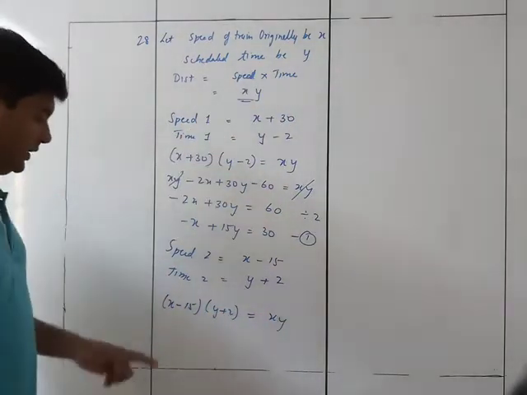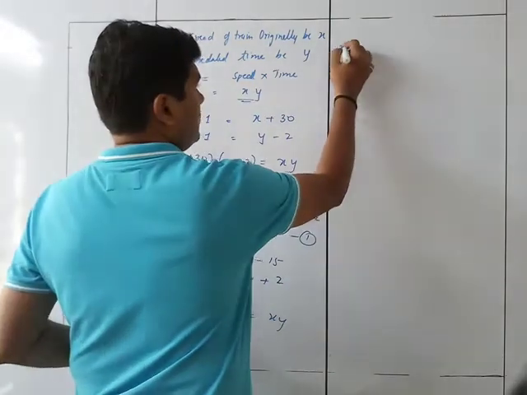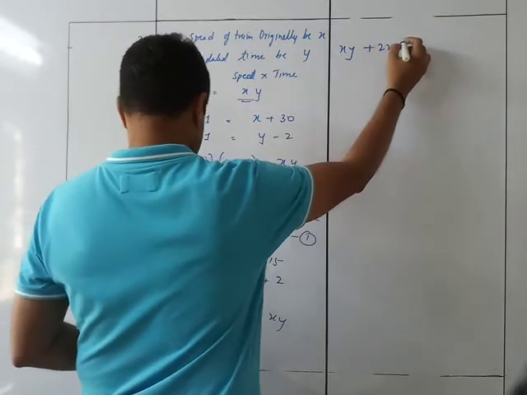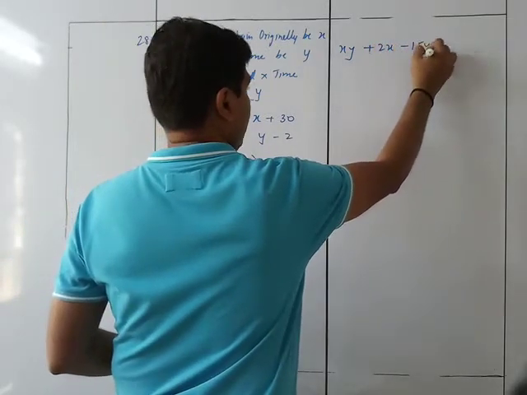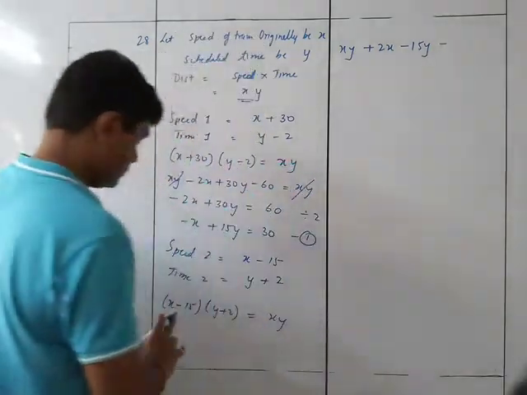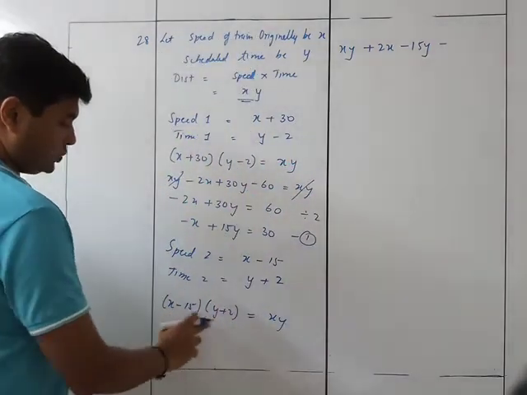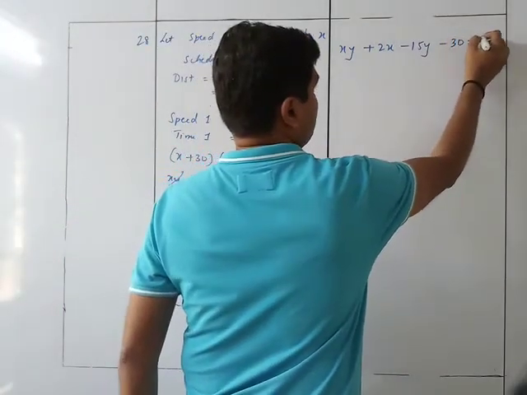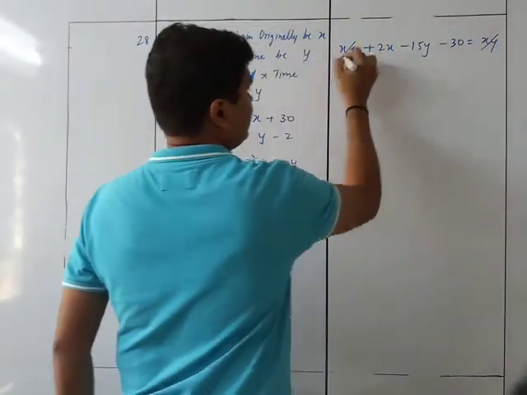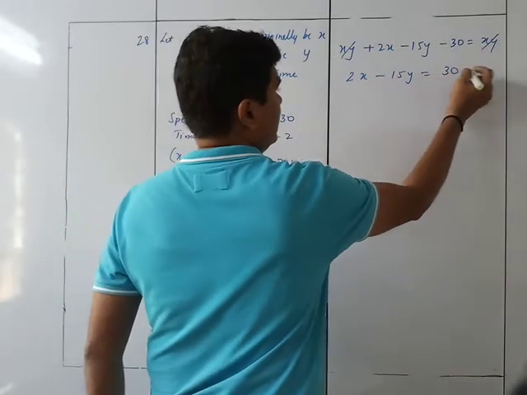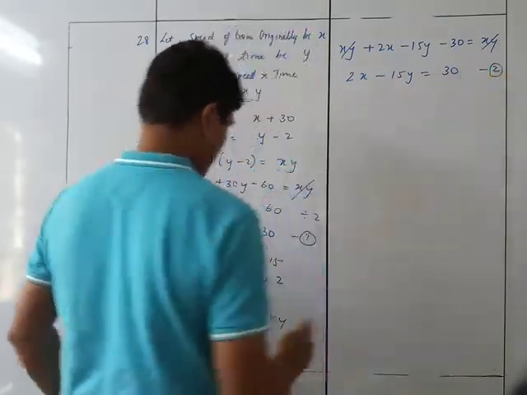So it will be xy plus 2x minus 15y minus 30 is equal to xy. xy cancels. So 2x minus 15y is equal to 30 is my second equation.